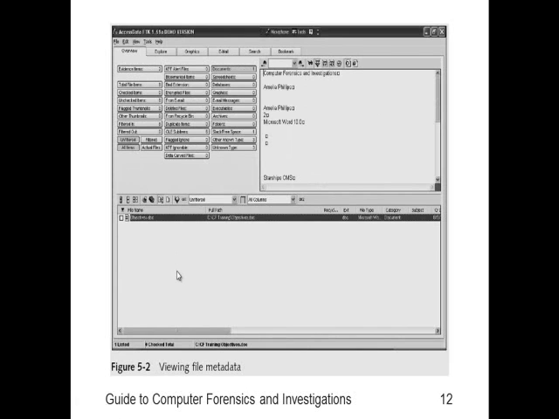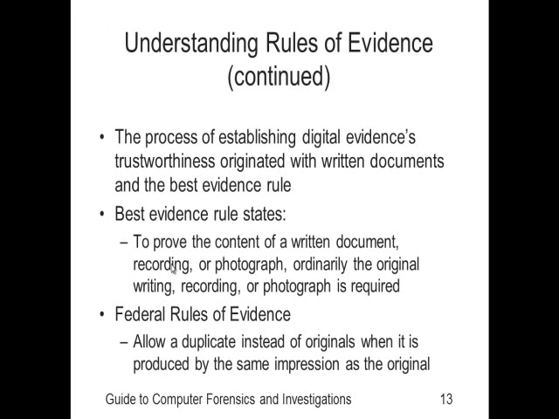The process of establishing digital evidence trustworthiness originated with written documents and the best evidence rule. The best evidence rule states that to prove the content of a written document, recording, or photograph, the original writing, recording, or photograph is required.